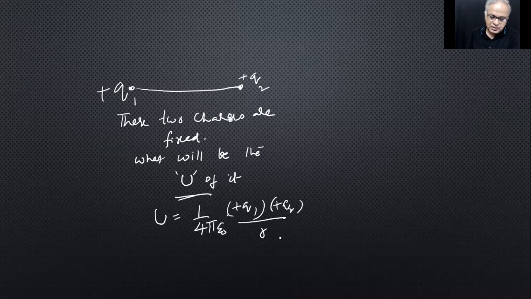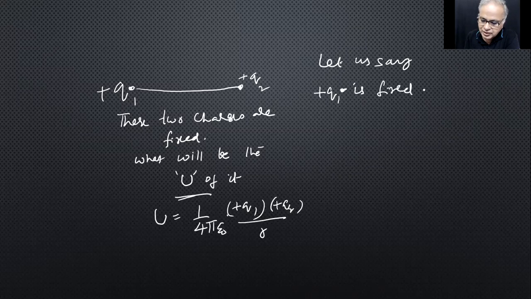So how to get this here? Let us say plus Q1 is brought from somewhere and fixed at this point. Plus Q1 is fixed at a point in space.